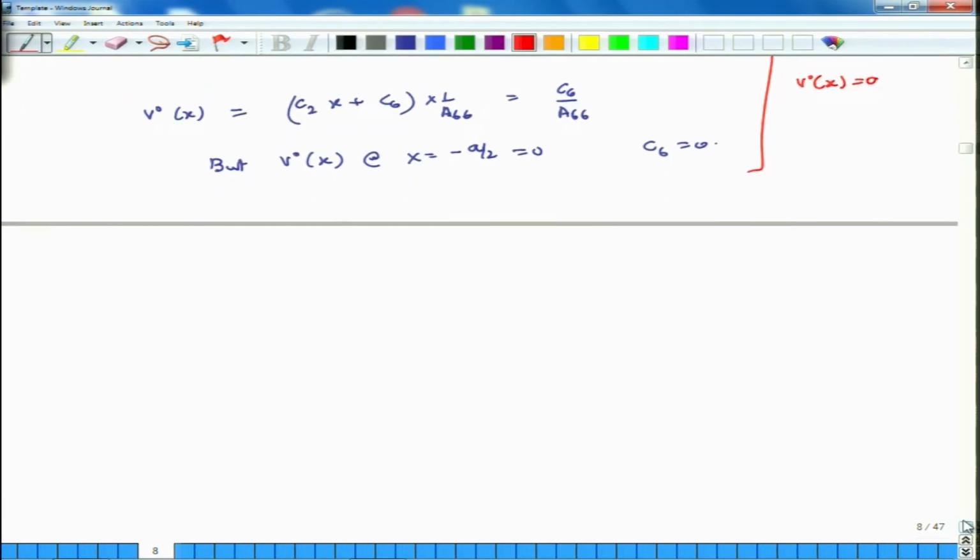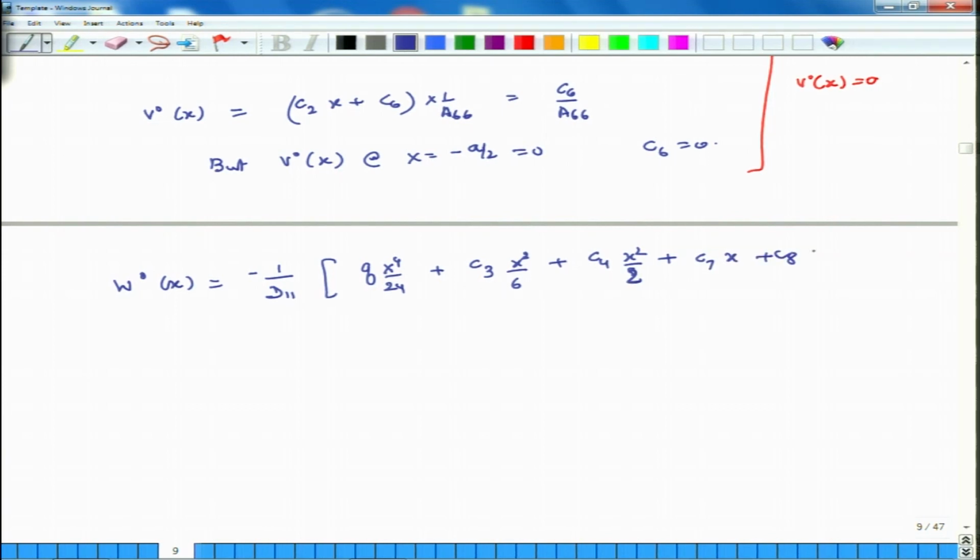And the last thing is about W naught. So, W naught x, and the relation for W naught x we have already developed is 1 over D11 times Qx4 by 24 plus C3x cube by 6 plus C4x square over 2 plus C7x plus C8.